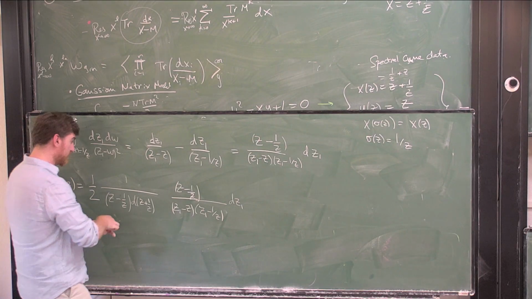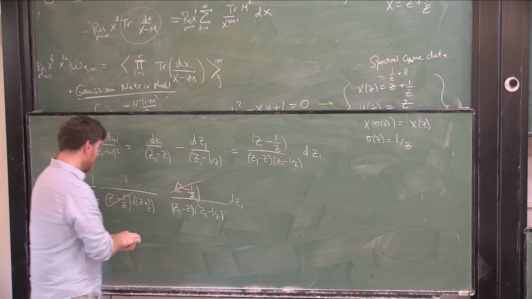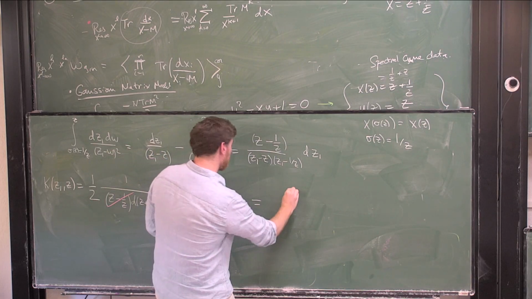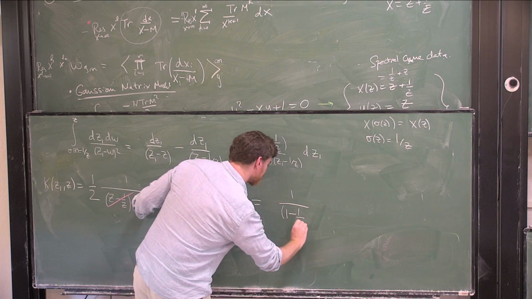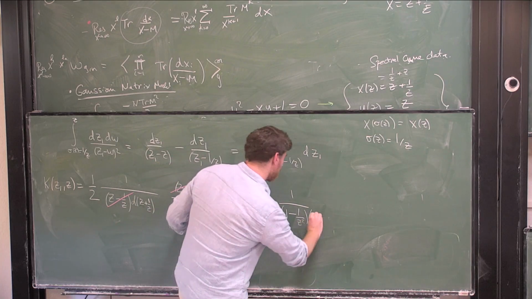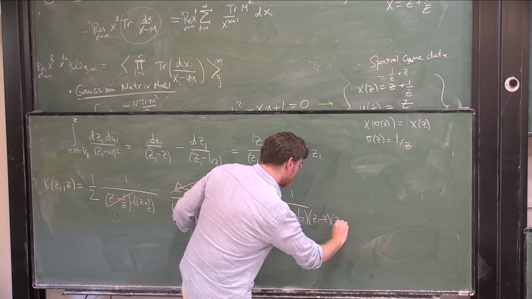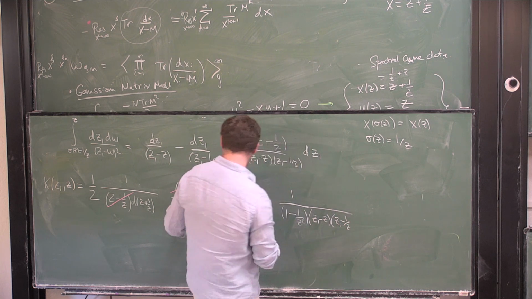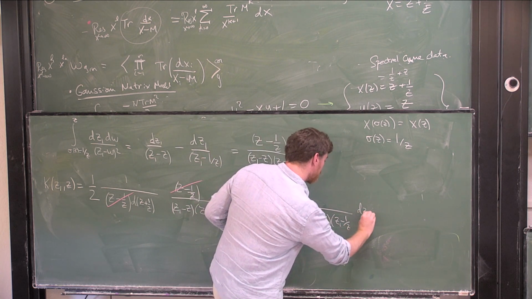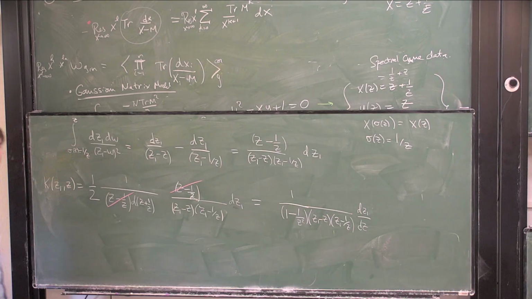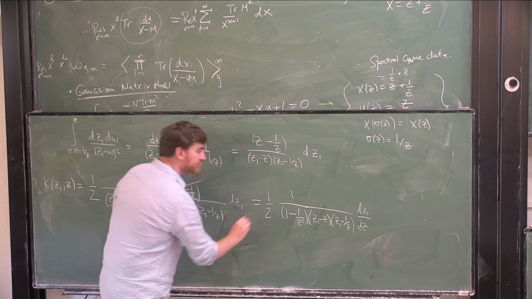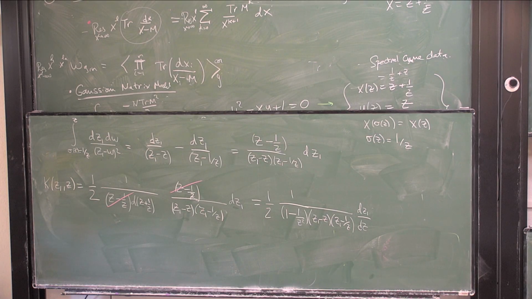Okay, so notice actually these terms cancel, and this just becomes 1 over 1 minus 1 over z squared, z1 minus z, z1 minus 1 over z, dz1 over dz. Any questions about this? We're missing a half. With the half, yeah. So that's what we mean by this recursion kernel K.